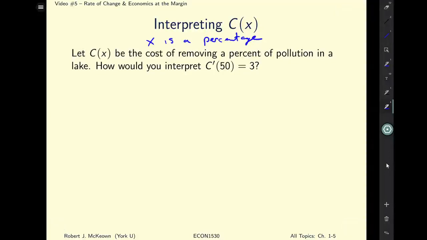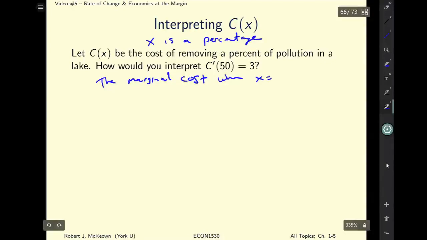But we know that the marginal cost when x is equal to 50% is $3 million. Okay. So how would we interpret this?